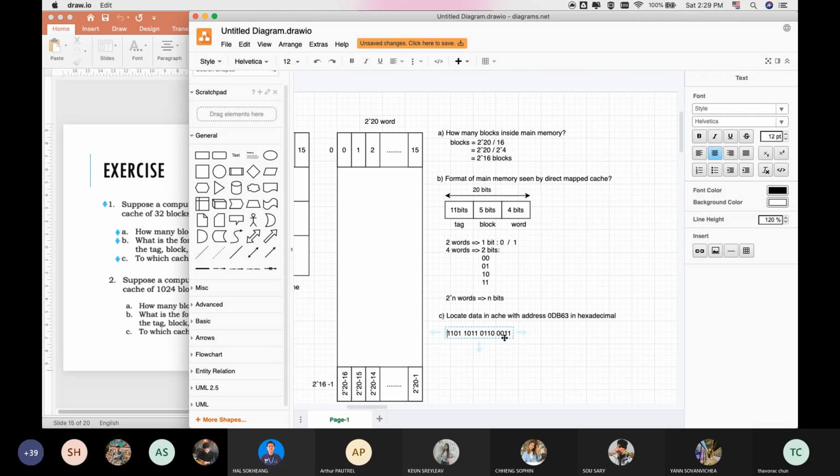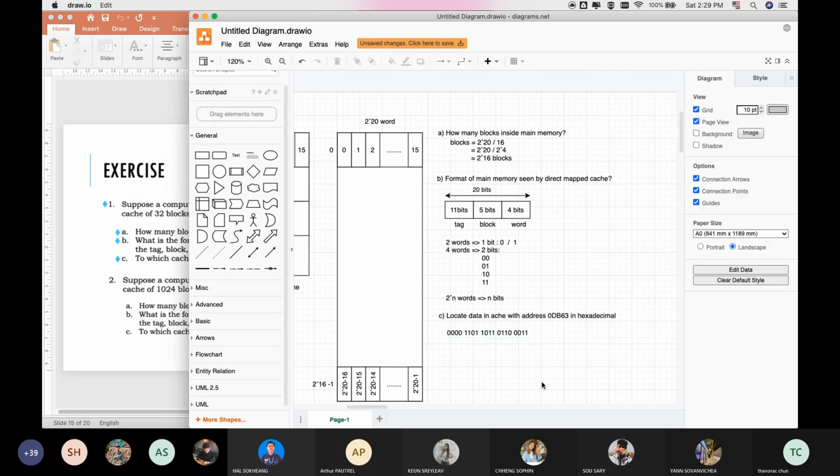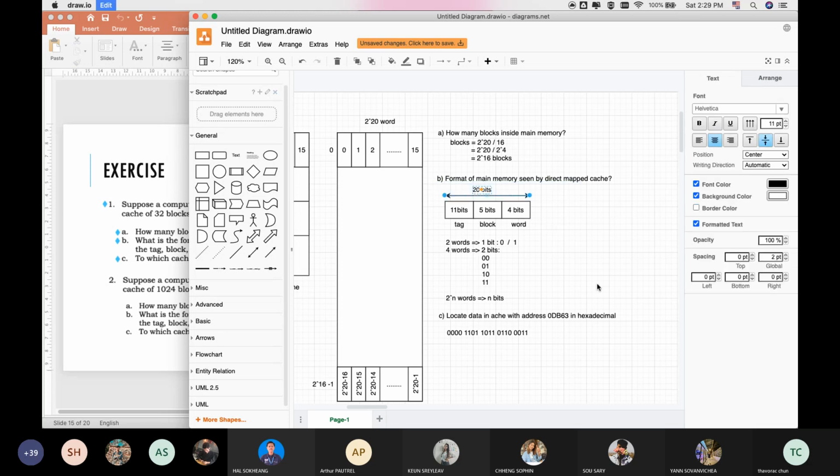We have 16, right? 4, 8, 12, and 16. So you need to add another 4 bits to make it 20 bits. You need to add more 0s in front. We have 20 bits here.